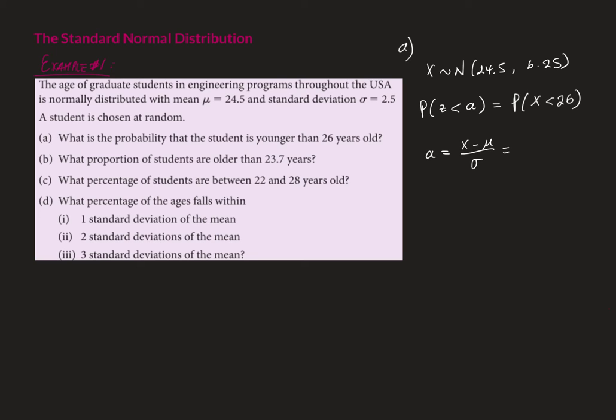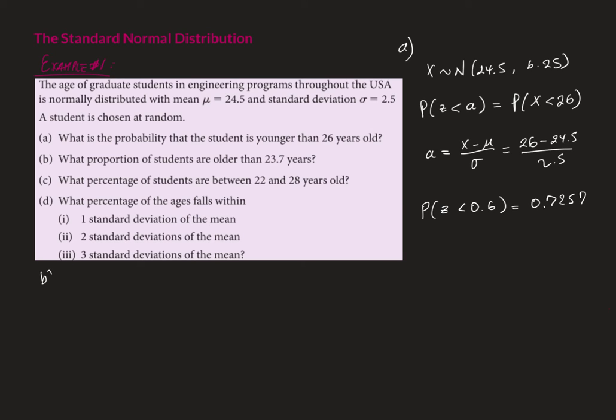In this case, the value of x that we're interested in is 26, the mean is 24.5, and the standard deviation is 2.5. When we calculate this, we are actually trying to find the probability that the standard Z score is less than 0.6, and that probability is equal to 0.7257.